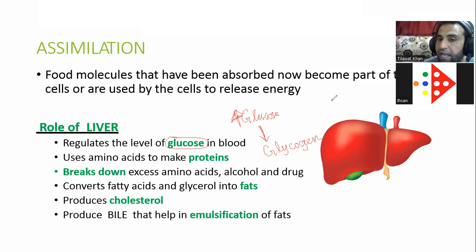With the help of a hormone. That hormone is secreted by whom, please? Pancreas. So what's the name of that hormone?